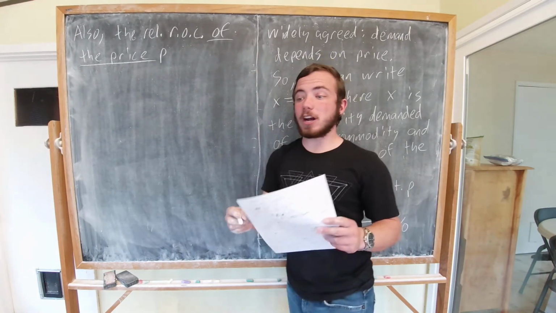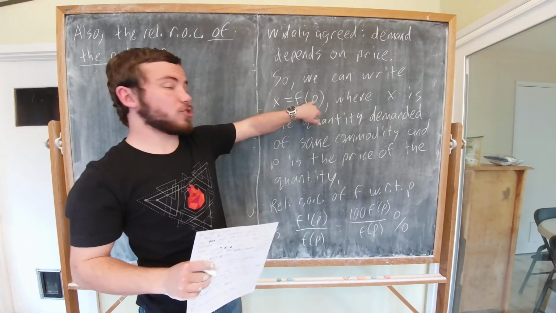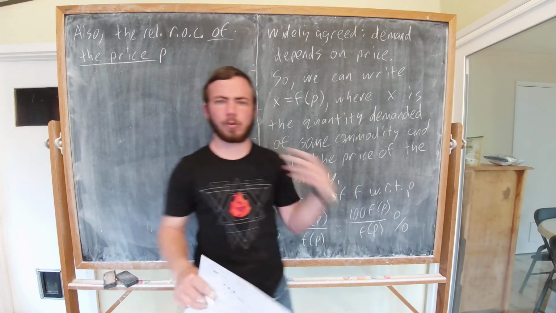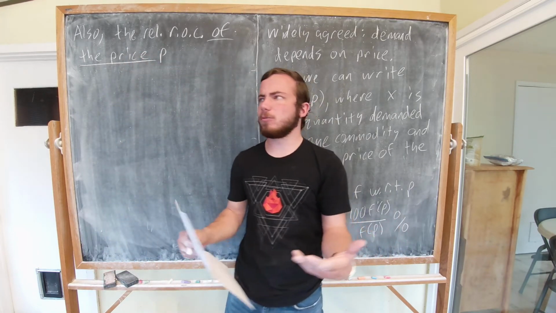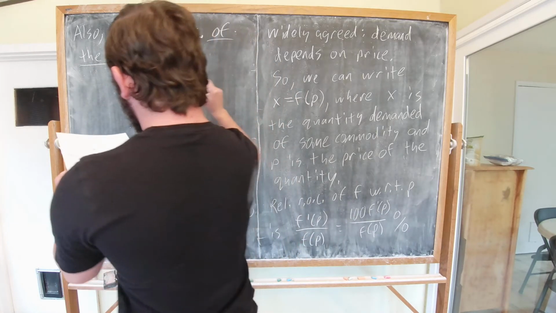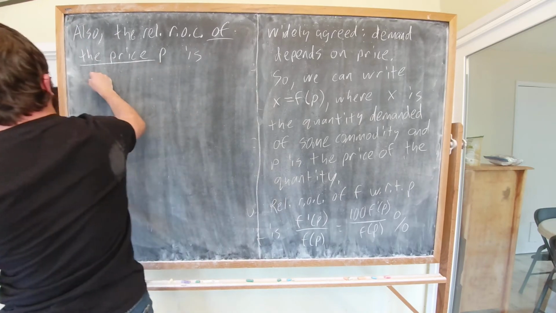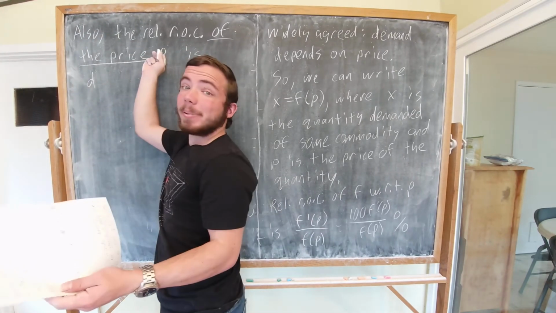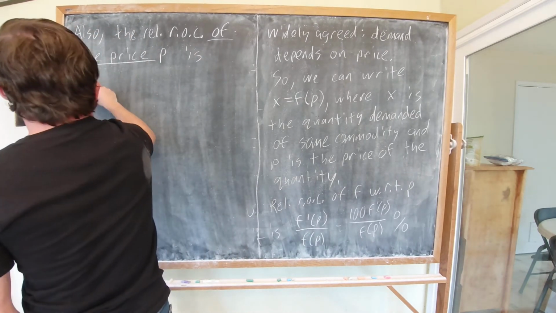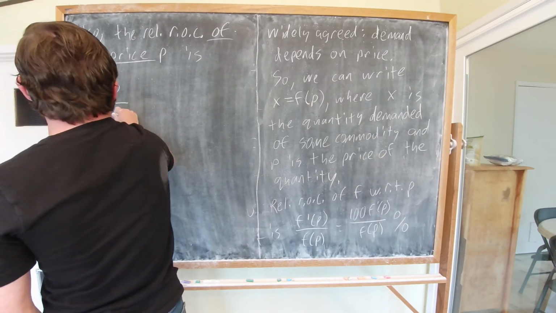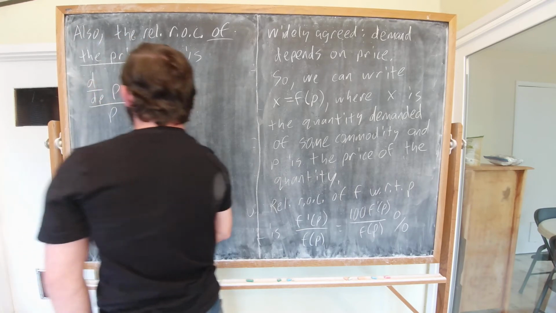So now we've talked about how the function is changing with respect to the price relatively, but how is the price relatively changing with respect to the price? Well, by our same thing, price has function p, right? In terms of itself. So d/dp of p divided by p.